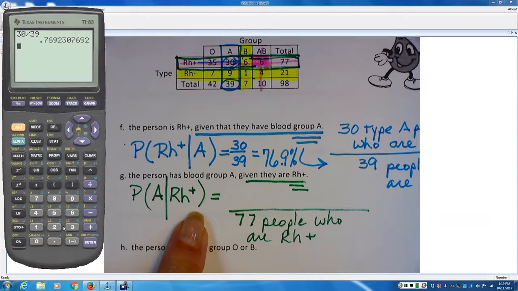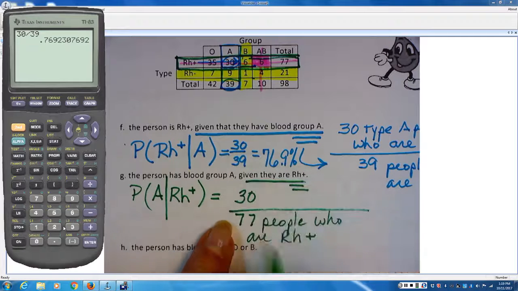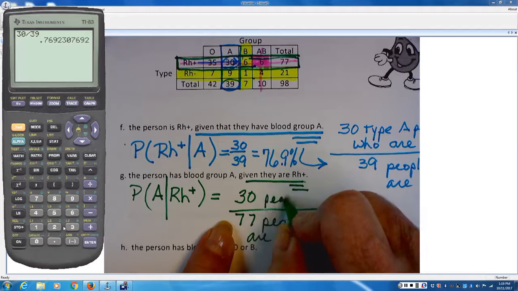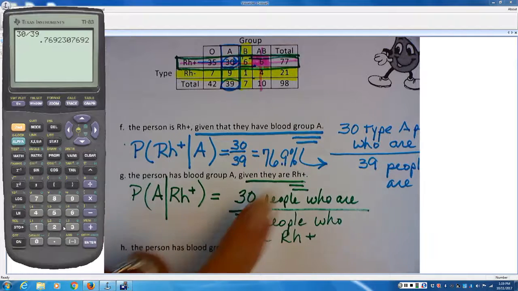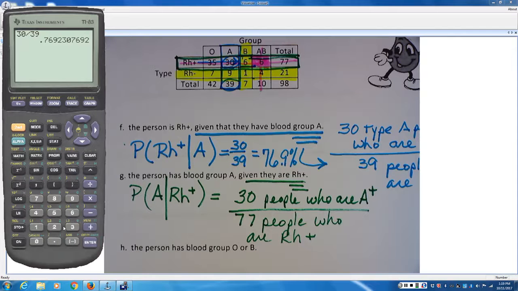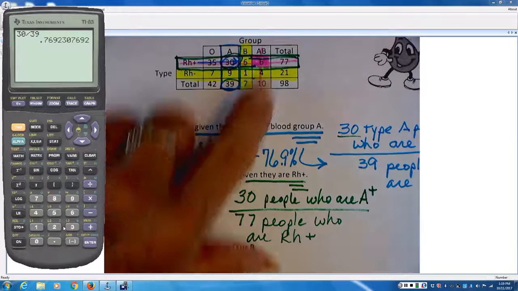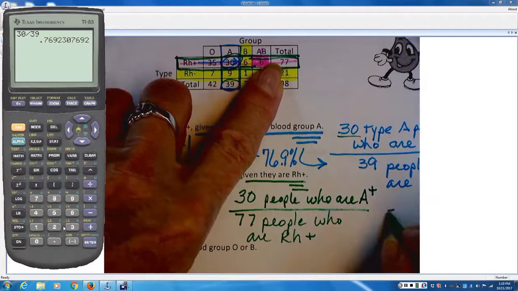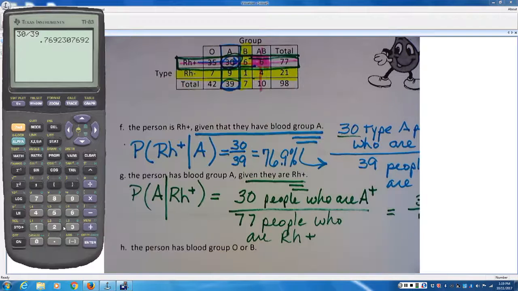So they become the denominator, and then the numerator is the 30 people who are, and actually the way they write that blood type is A positive. They have type A blood and their factor is positive. So it's still this same 30 people that we're looking at. This 30 right here. Only now we're taking them out of the 77 that are Rh positive. So we're going to get a different probability.